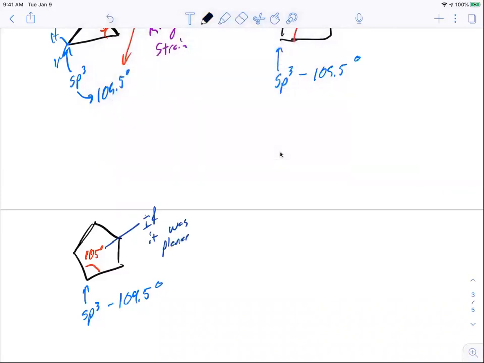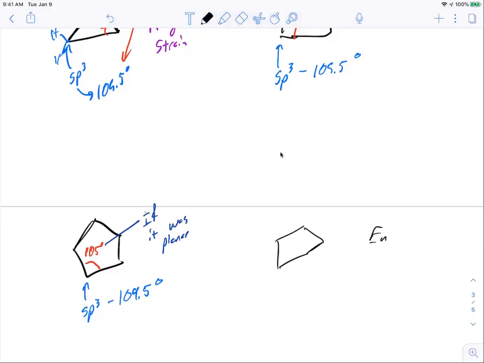And so what we start to see with cyclopentanes is a conformation. It's a little hard to show there. What they call it is the envelope. I don't know if you've ever seen an envelope. It used to be common at my age.